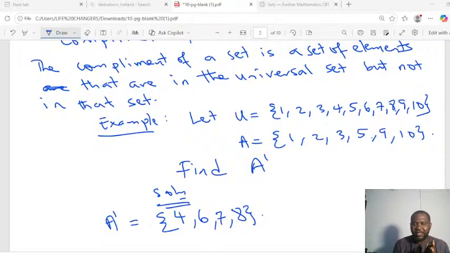Let me know if you understand it. Kindly say, yes, I understand. It makes sense. Yes, sir. Can we move on? Okay, I'm waiting for your responses.